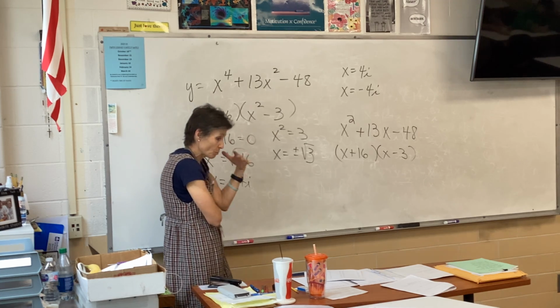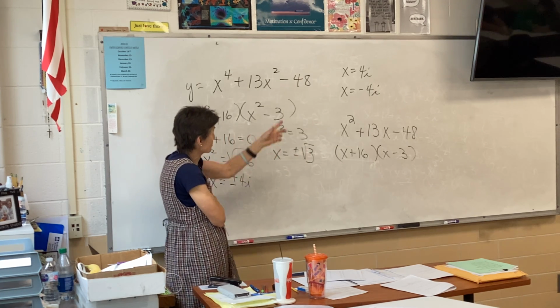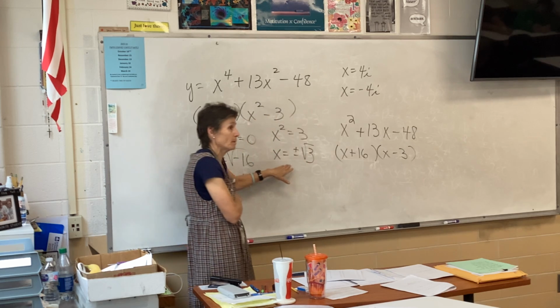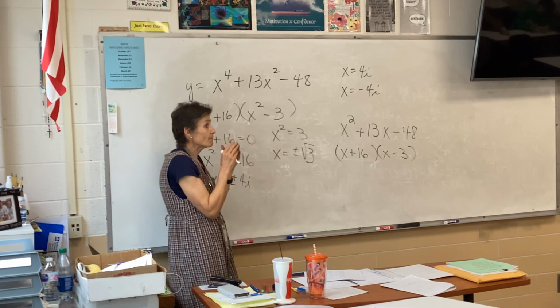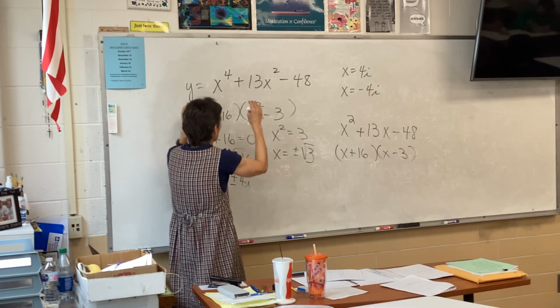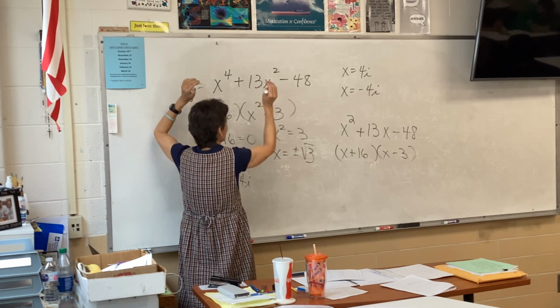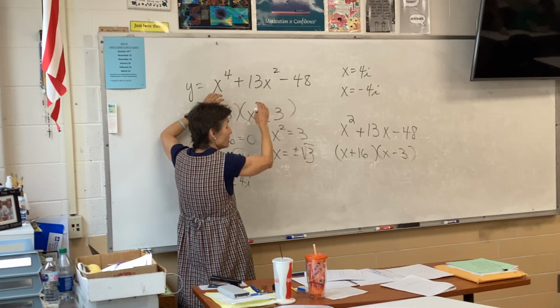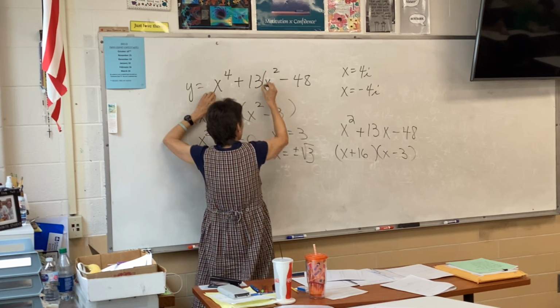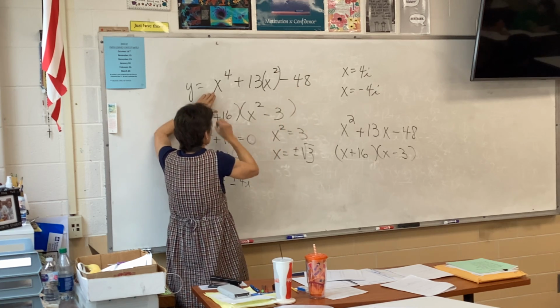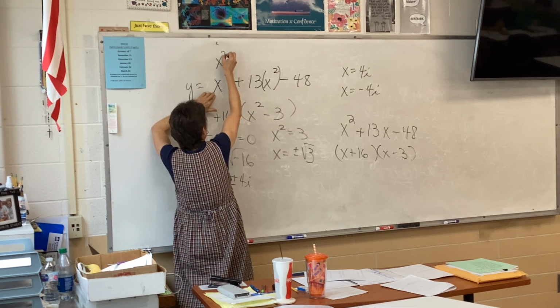So the question was, what are the other answers? Well, the other answers are negative 4i and plus or minus root 3. Now, if you didn't notice that this can be treated exactly like a quadratic, because it's in quadratic form. Quadratic form means whatever you have here, it's right here, but it's squared.